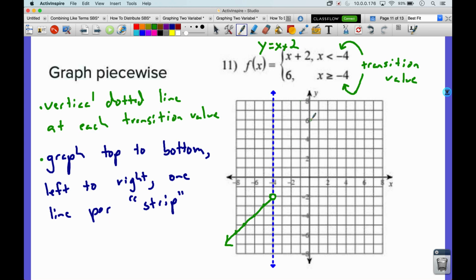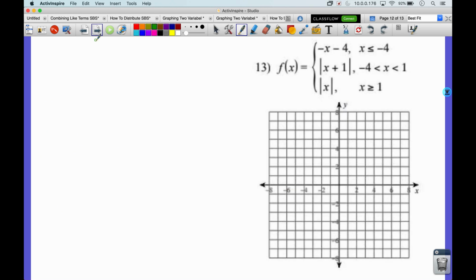And now this is the line y equals 6. That's a horizontal line that crosses at 6. And we already decided that it gets the closed dot because it has the or equal to. And there's our graph. All right, let's try a little bit more complicated one.